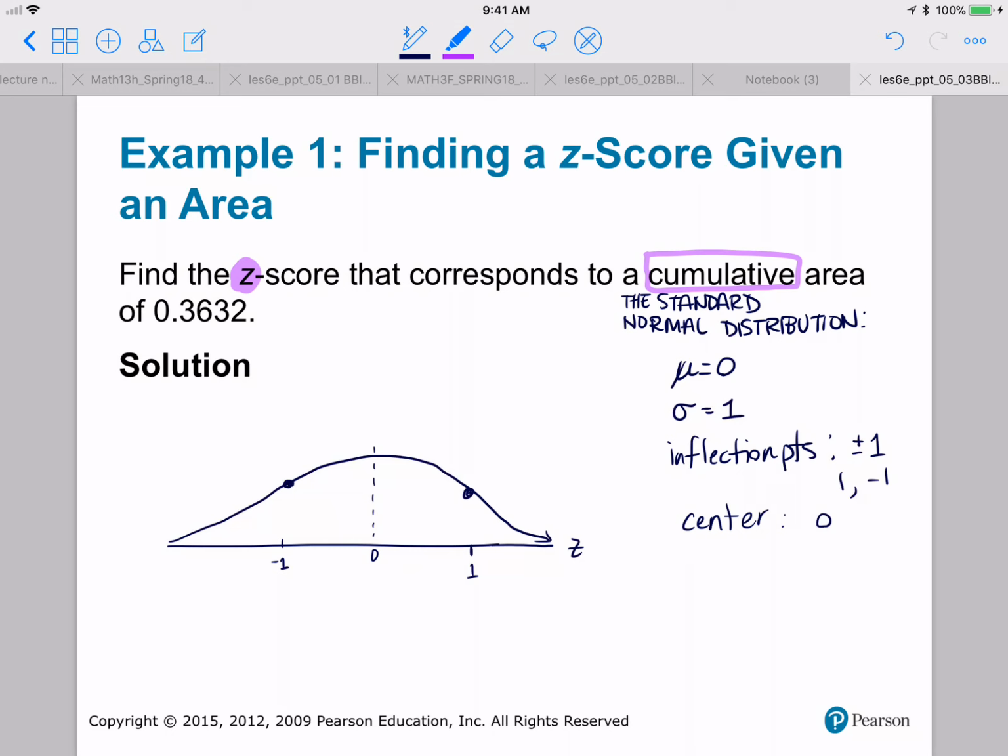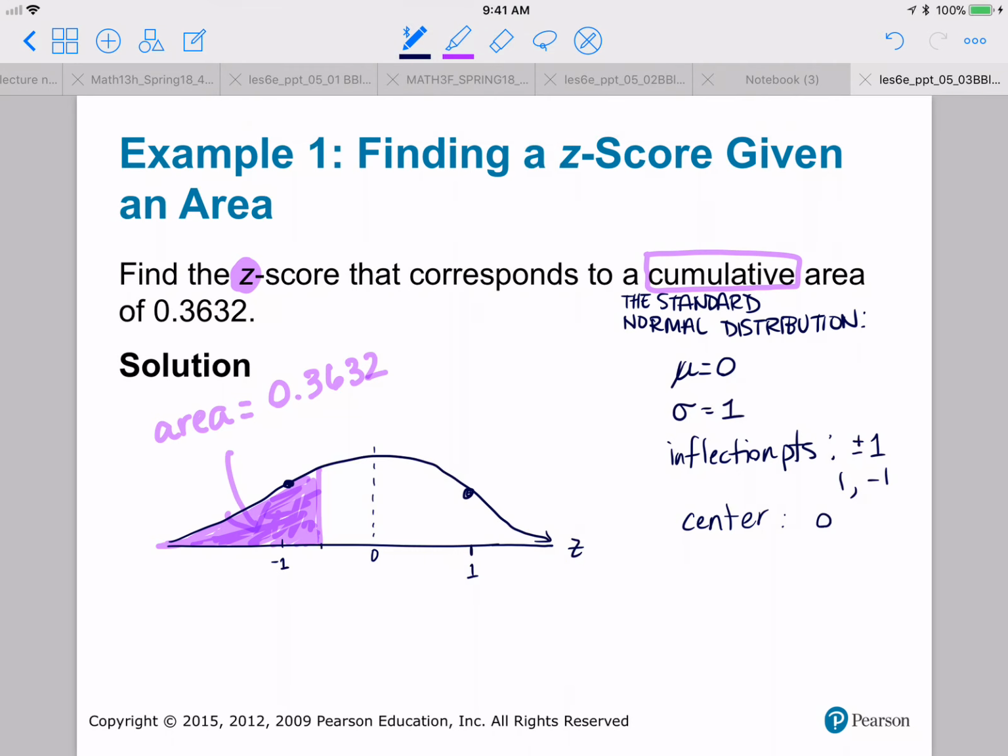So I'm just going to shade in this area here as a guess. The idea is that this cumulative area is supposed to equal 0.3632.